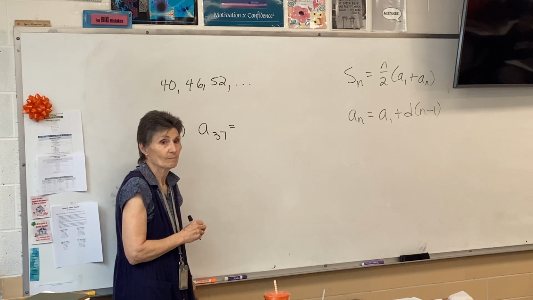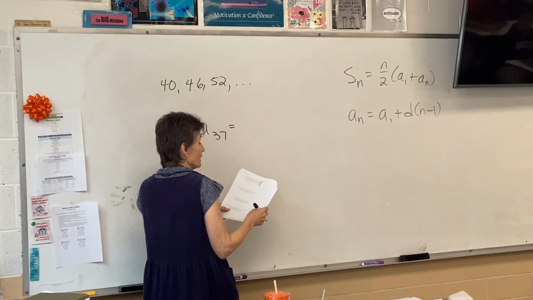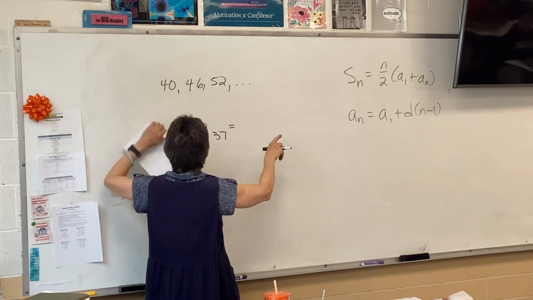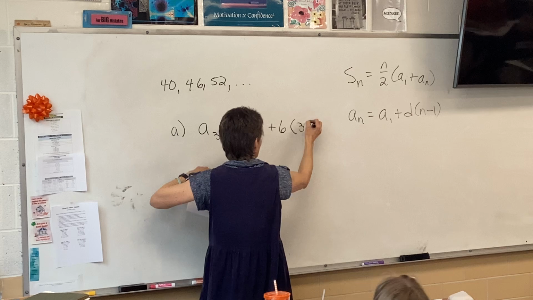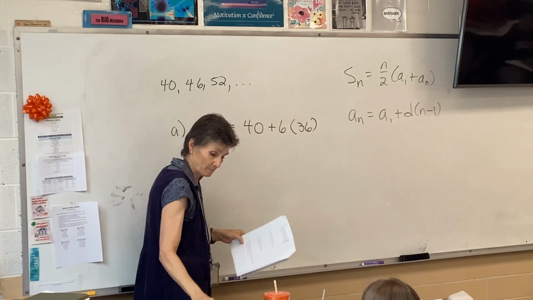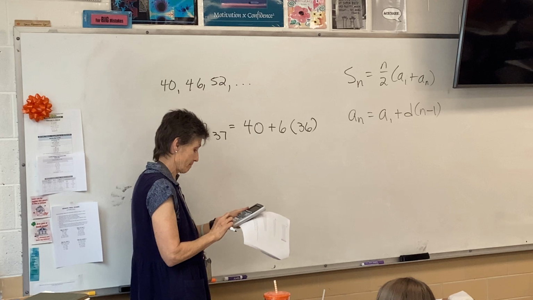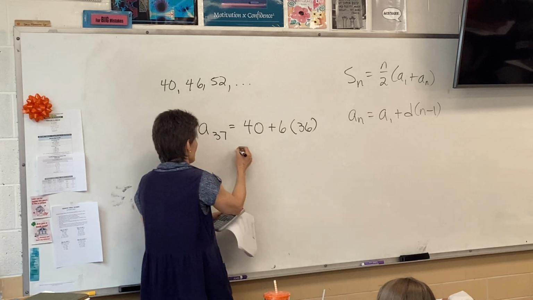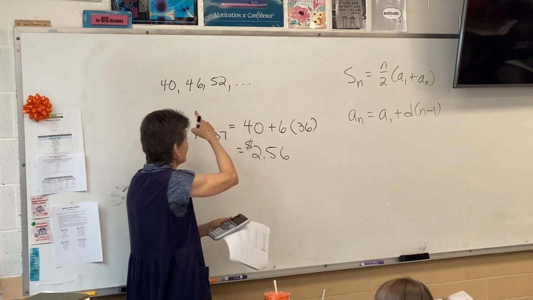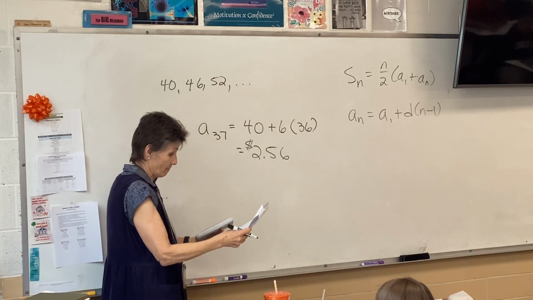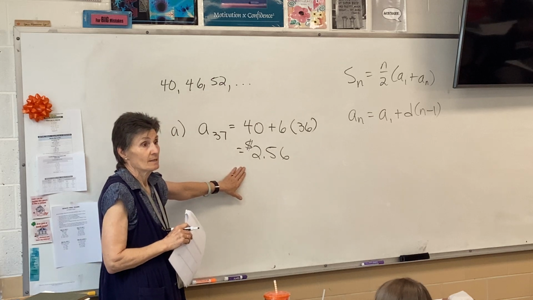According to my formula, the 37th term is 40 plus 6 times 36. That's 256. Remember, the unit on those was cents. So we'll say $2.56.